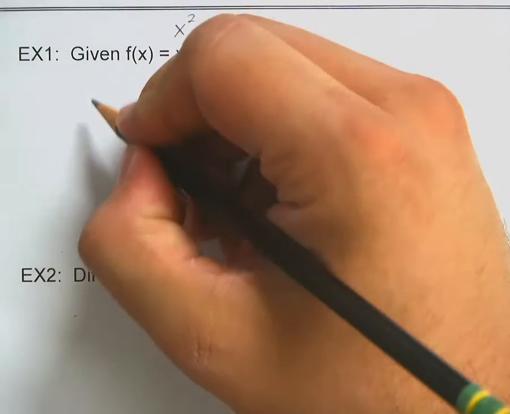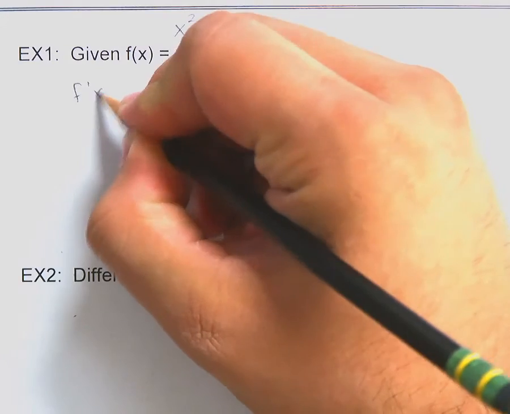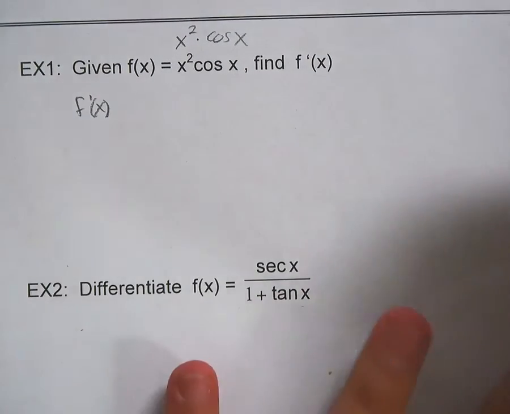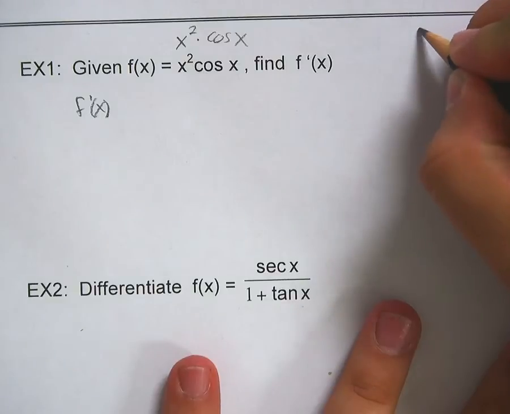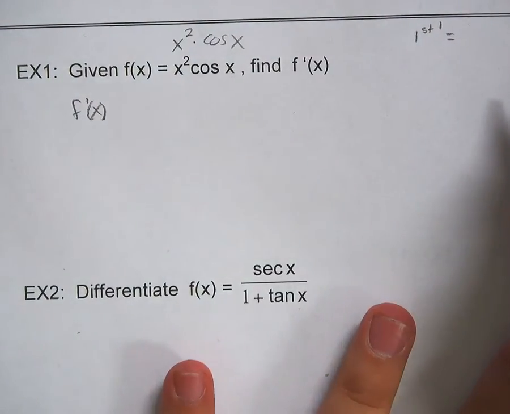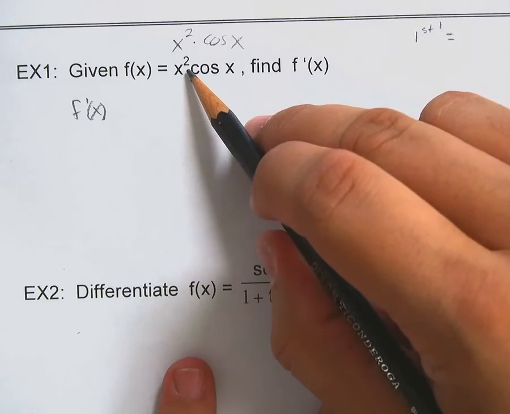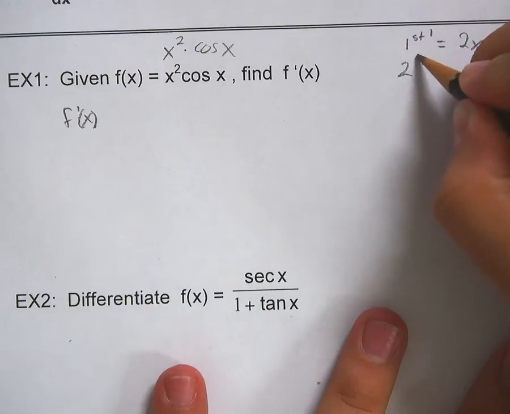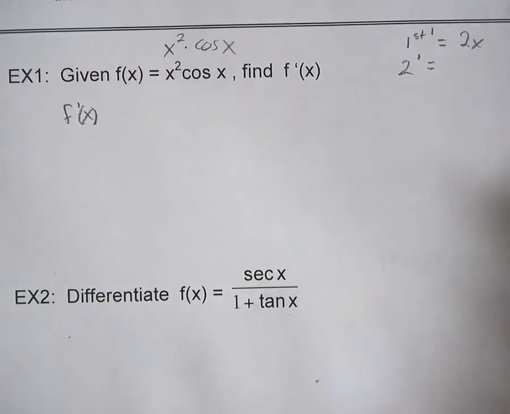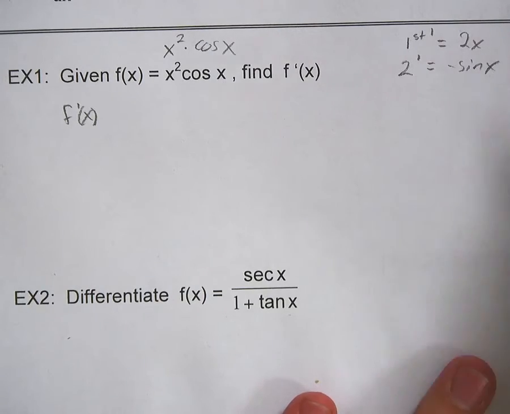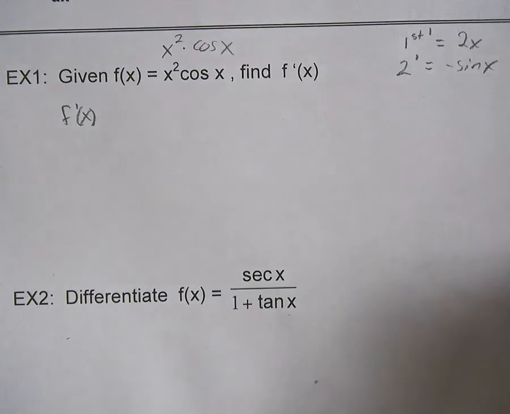So it's f prime of x, and if you want, you can go ahead and write this down. The derivative of the first, this is x squared, so the derivative of that is 2x. The derivative of the second, cosine x, is negative sine x. And then fill it in.